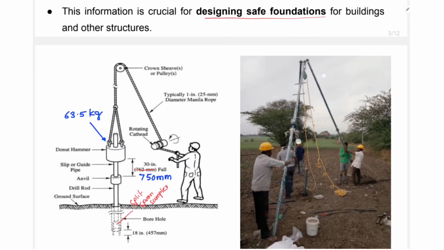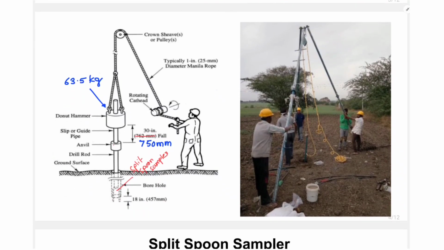In this slide we will see a photograph of the standard penetration test along with a schematic sketch. Basically, as the name resembles, penetration. We use a sampler, which is called a split spoon sampler, in the standard penetration test.